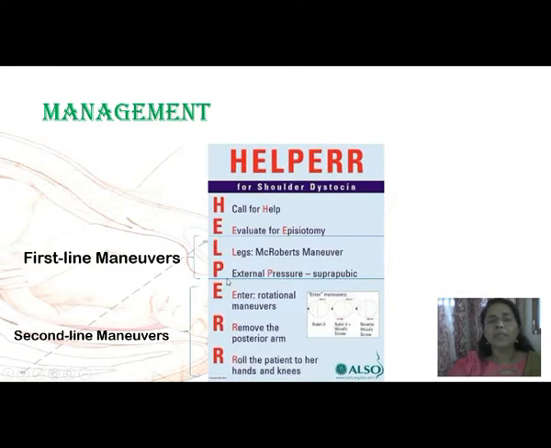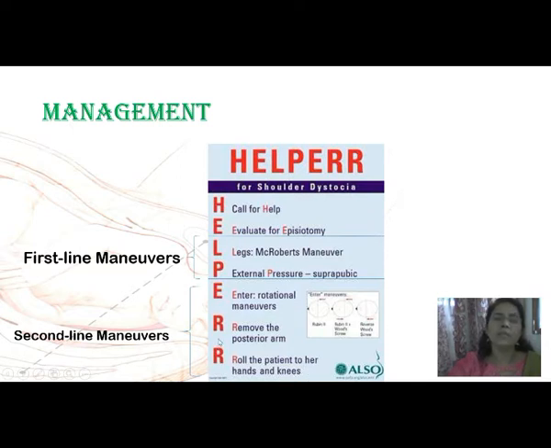Then P means pressure, that is external pressure, the suprapubic pressure. Then E means enter, that is the rotational maneuver. R means remove the posterior arm, and R means roll the patient to her hands and knees.